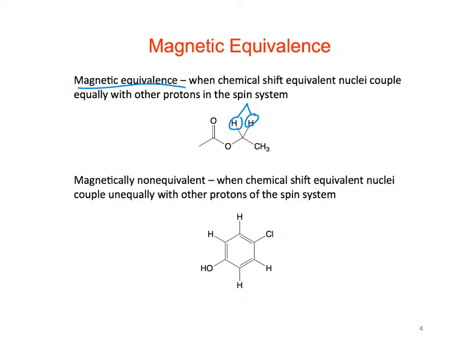equivalent, they both couple equivalently to these other protons. Okay, so this J and this J equal each other. That's how we get the quartet. Yeah, that'd be a quartet. And that's what you commonly see.